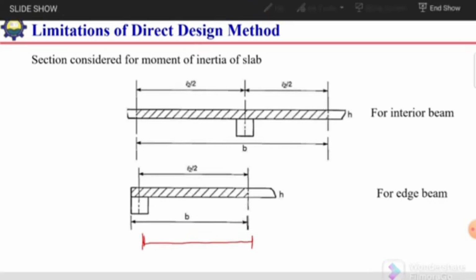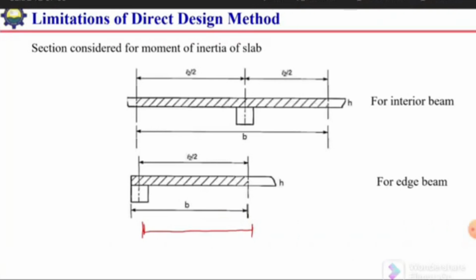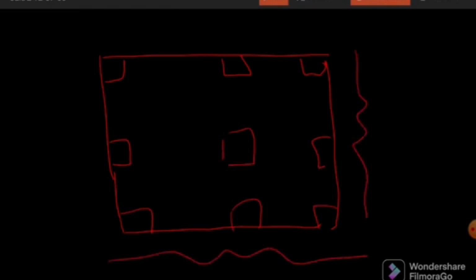For example, if we have a slab system like this, similarly continuous in this direction as well as in this direction.